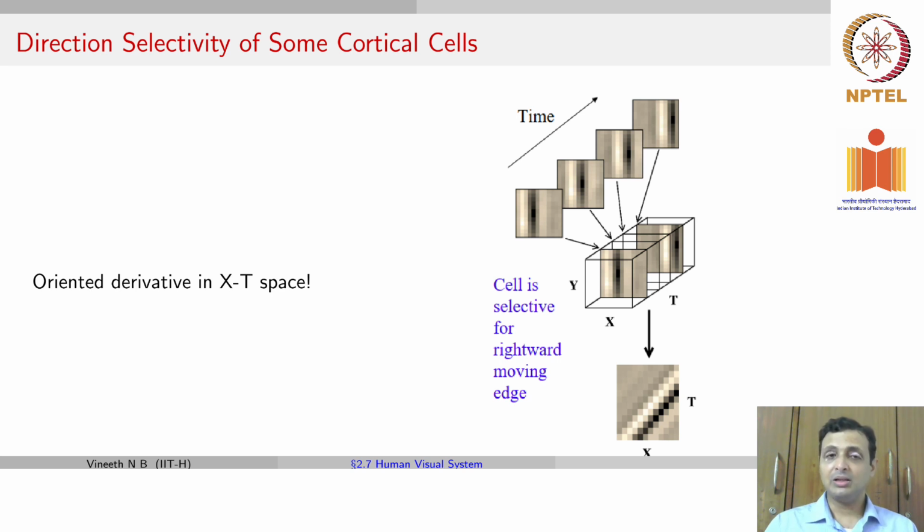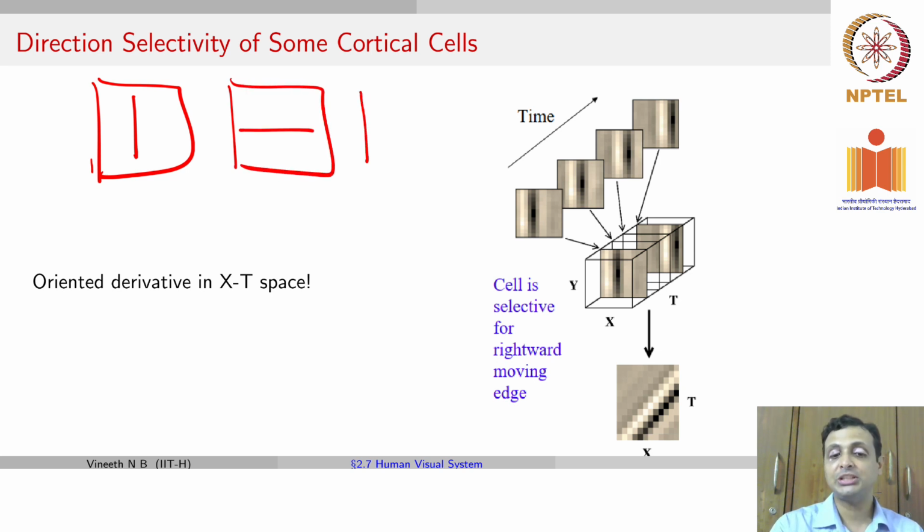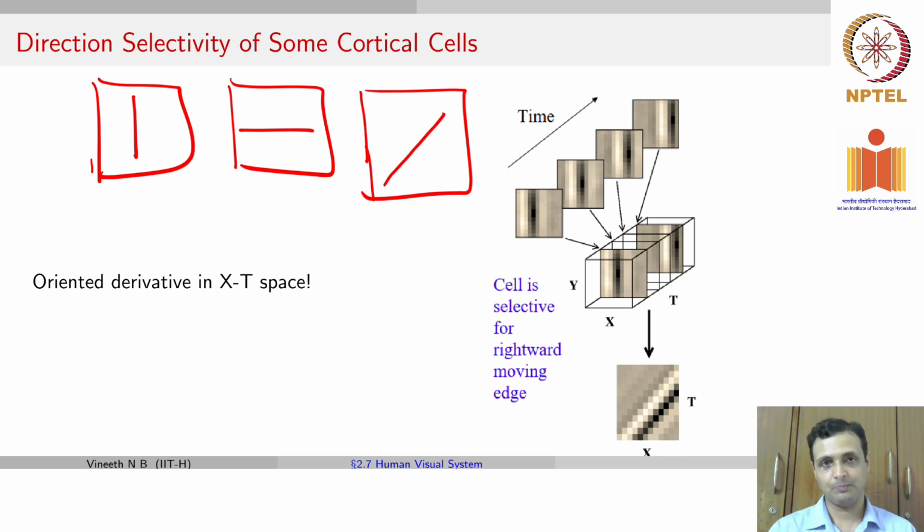So also, some of these cortical cells have direction selectivity. As we said, the complex cells respond to specific orientations, and the oriented derivative can actually be in an xt space rather than just an x space. So for example, with all the edge detectors that we saw so far, you could have an edge detector that detects a vertical edge, a horizontal edge, or an edge with a certain orientation.